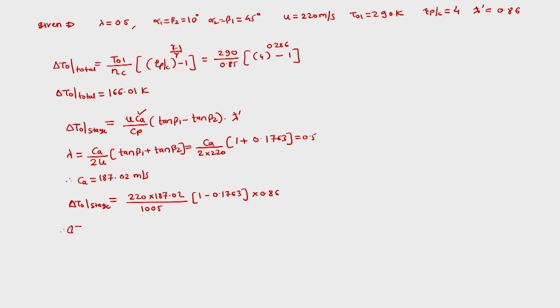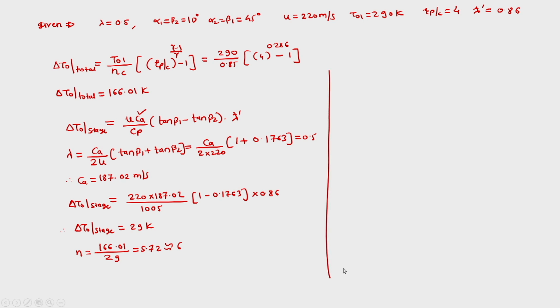So we have delta T naught stage equal to 29 Kelvin. So we can find the number of stages as 166.01 divided by 29, and we get around 5.72, so around 6 stages are required.